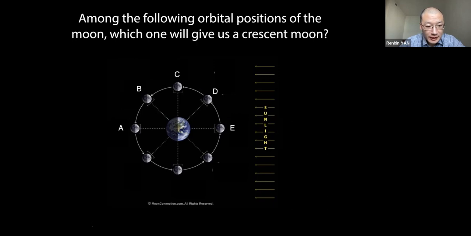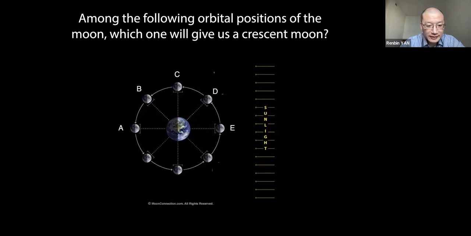Okay, most of you got it correct. And most of you answered D. This is the position when you see a crescent moon. And one of you answered E, on the side of the orbit toward the sun.